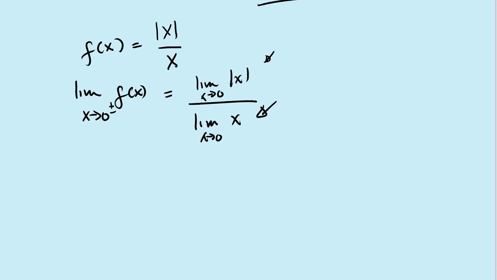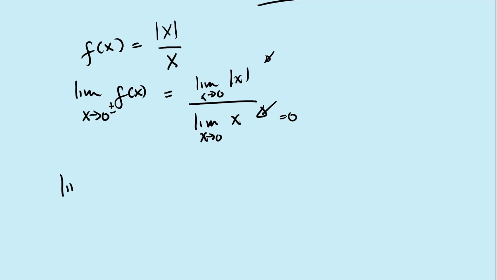The problem here is now that we're dividing by 0, right? The limit of x as x goes to 0 is 0. And so we have to be a little bit careful. So what we're going to do is, again, look at the one-sided limits and see if we can get the right values.